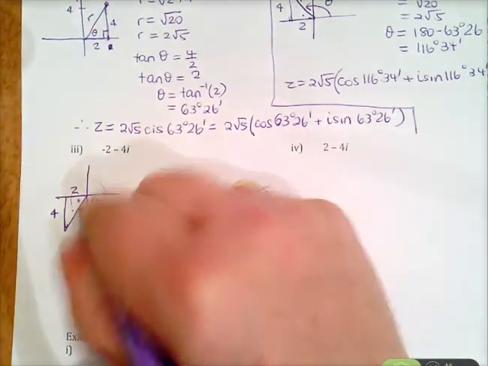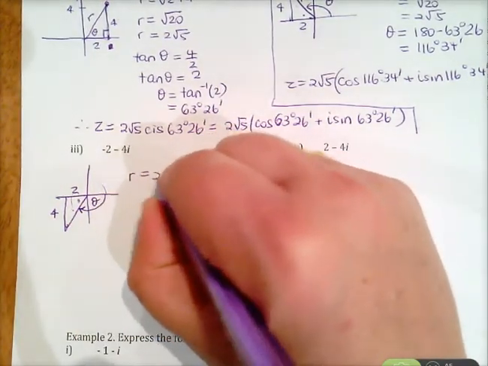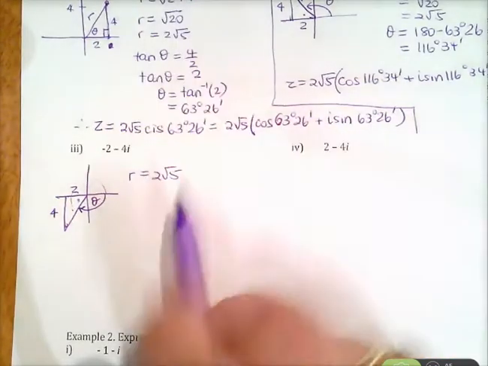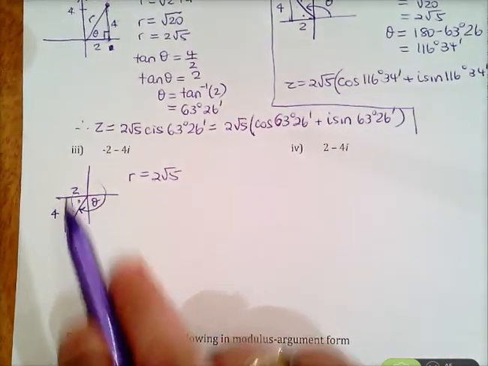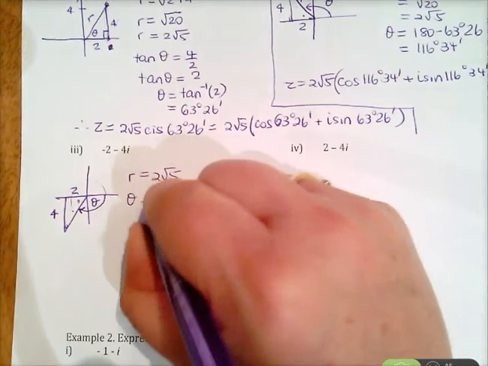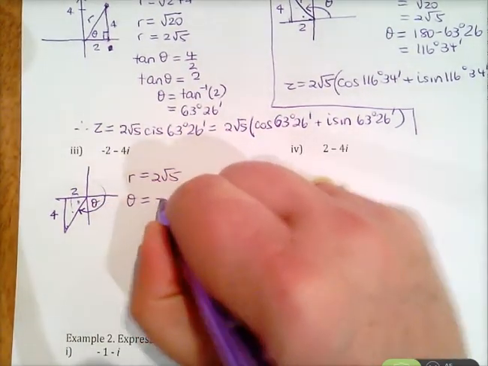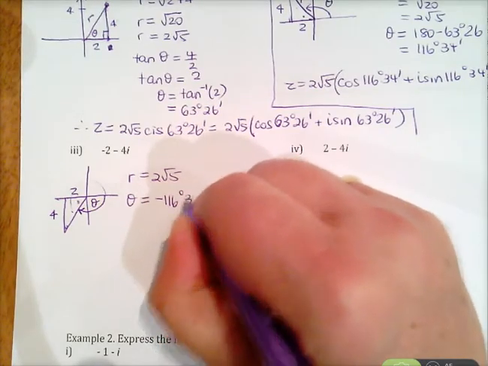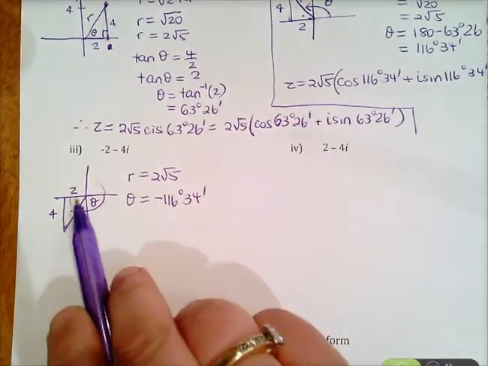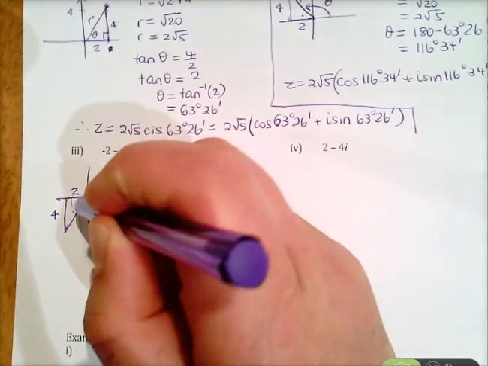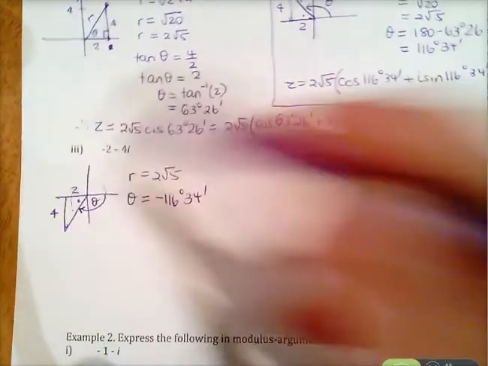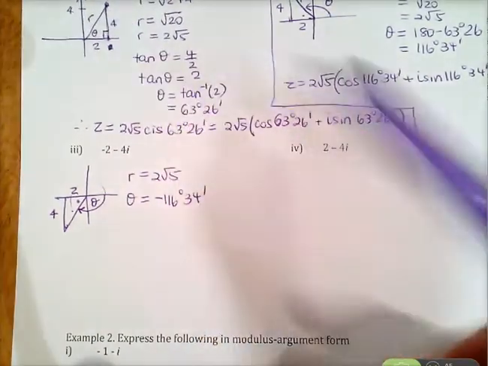So again, we know that r is 2 root 5 from all those previous questions. It's the square root of 2 squared plus 4 squared. But my theta, this angle here in the negative direction, is negative 116 degrees 34 minutes, because I know that this bit that I'm pointing to is 63 degrees 26 minutes. Because it's the same right angle triangle every time.